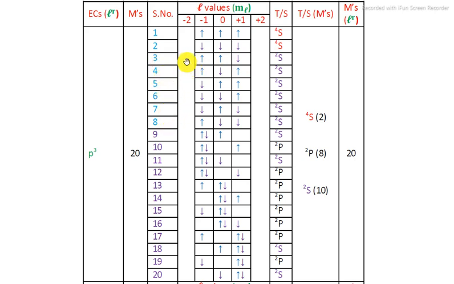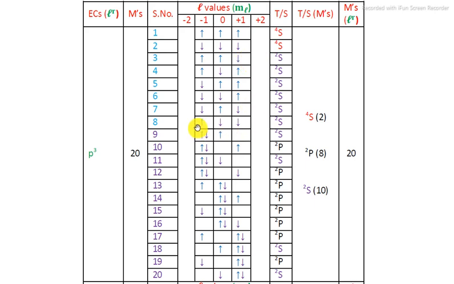In all these 6 cases, 2 electrons are with one spin and the 1 electron with the opposite spin. The overall number of unpaired electrons in that subshell gives only 1. Then the total spin multiplicity for the microstates from 3 to 8 is 2.